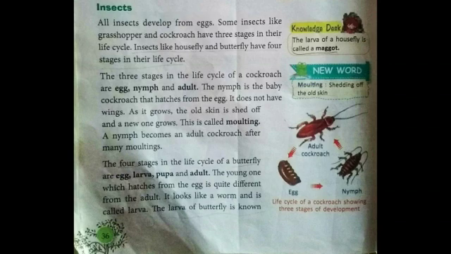Molting means shedding off the old skin and getting a new one. A nymph becomes an adult cockroach after many moltings. Many moltings means it has to remove its skin many times, then it will become an adult cockroach.